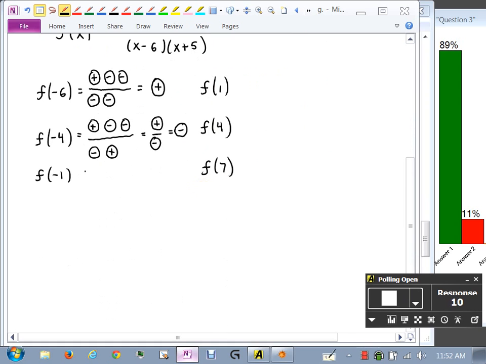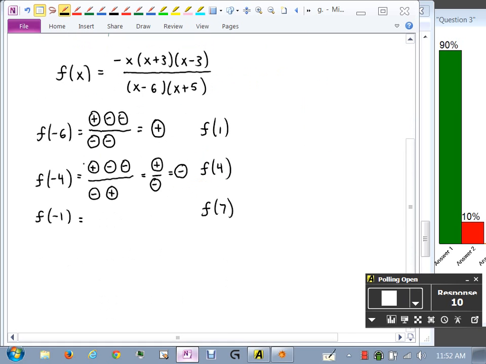Okay, what about -1? If you plug -1 in, you get positive, positive, negative, then negative, and then positive, which should give you negative over negative. That should be positive. Take it easy. When you plug in 1, y'all voted, most of you said yes, you're okay with that.